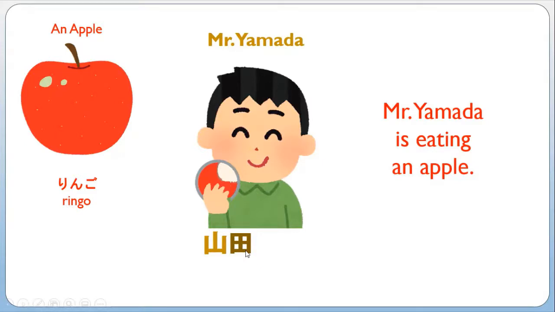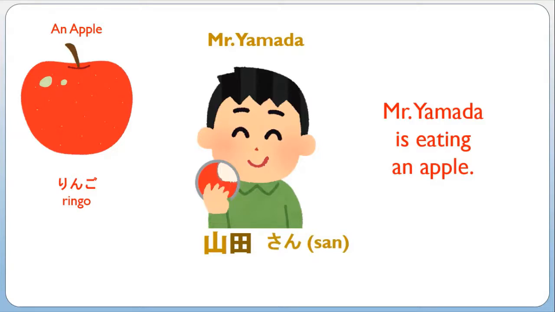Usually the paddy fields are like this. The paddy field is ta or da. So yama da, yamada. We don't call just Yamada. We have to say Mr. So in Japanese, the Mr. or Mrs. is san. So Yamada-san.